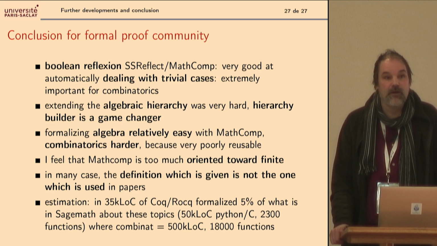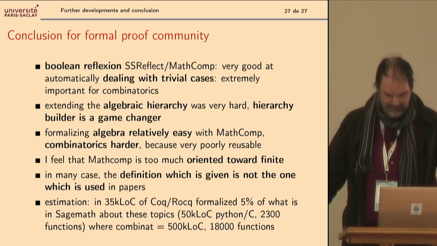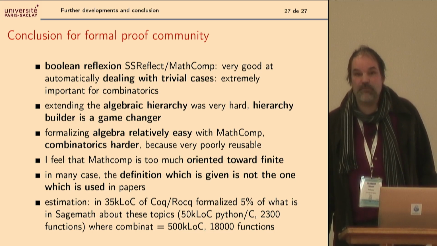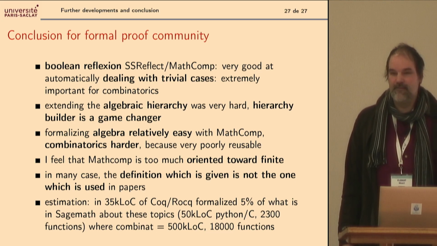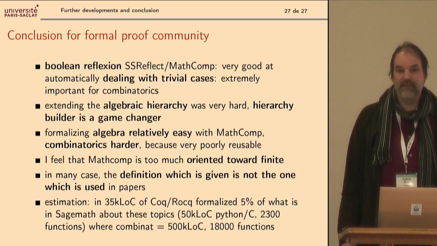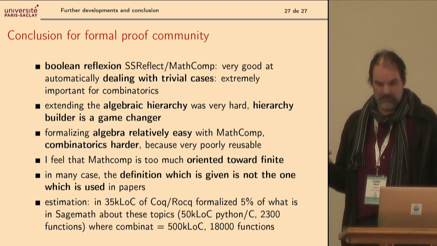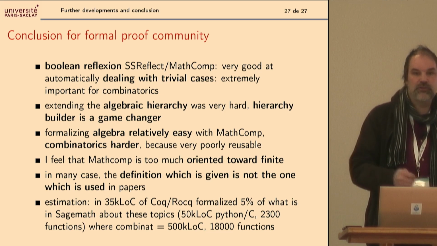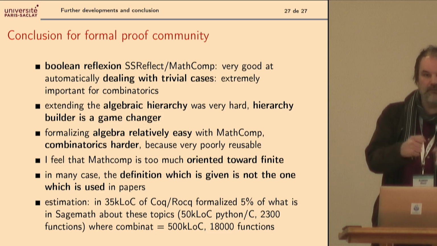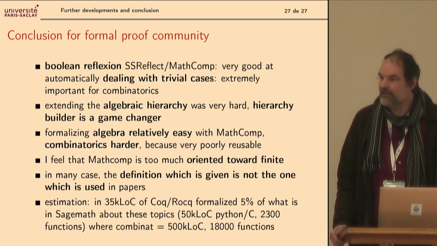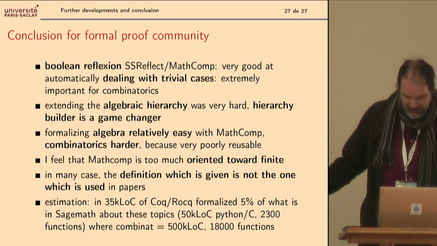Thanks to the Mathematical Components basis, formalizing algebra was relatively easy, where formalizing combinatorics was much harder. And one of the reasons I feel is that in algebra, there are a lot of generic things you can reuse. In combinatorics, I don't see very well how to reuse things.